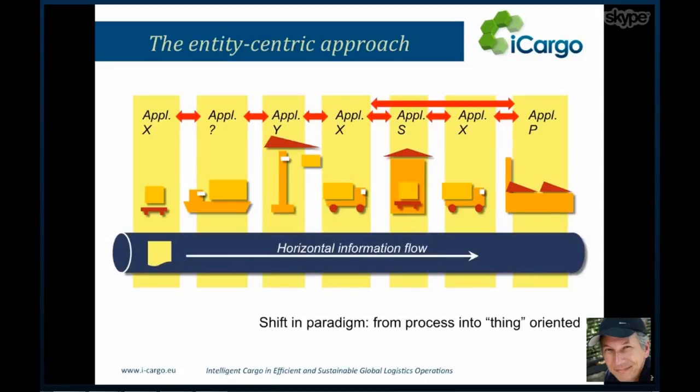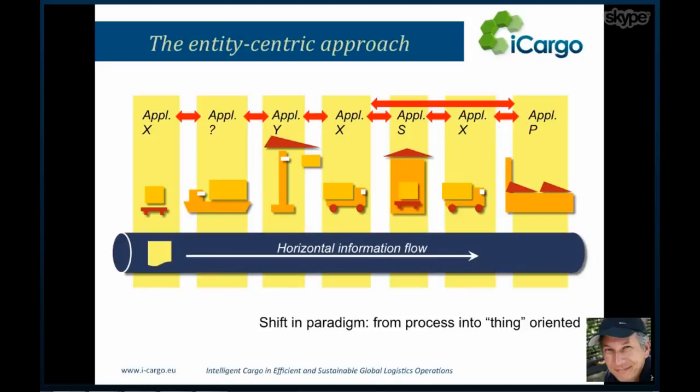So what we did was add an additional information flow to the existing information exchange and collect information about the cargo, the container, and the vessel, each in a separate electronic document. This electronic document contains all the information that is available about a single thing.